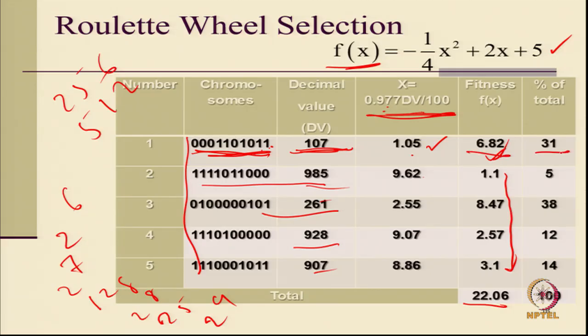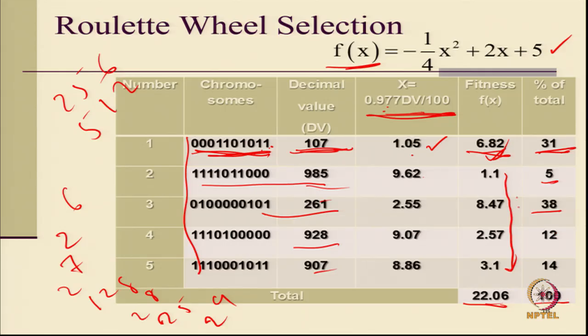This is 31% of, okay, if this total I call it 100, and if you see this, if I divide this 682 by 22.6, I get 31, 1.1 divided by 26, I get 5, and so on and so forth, right.